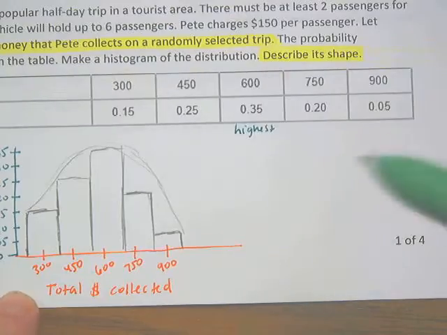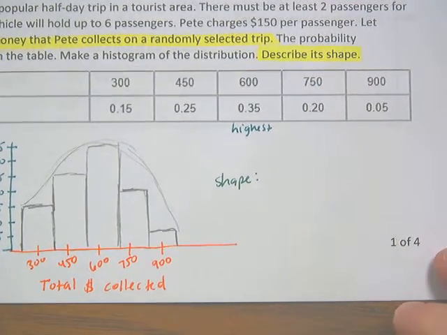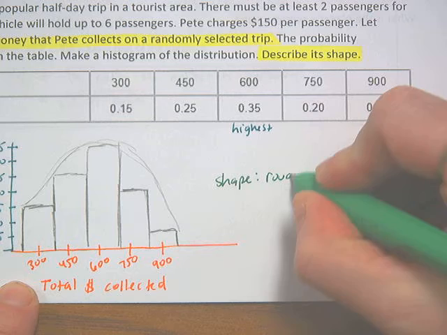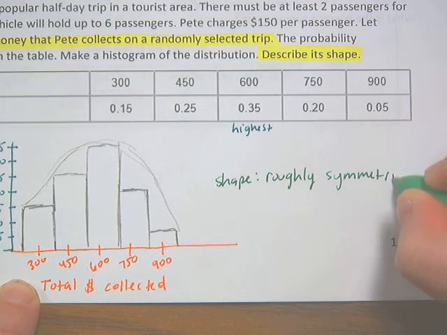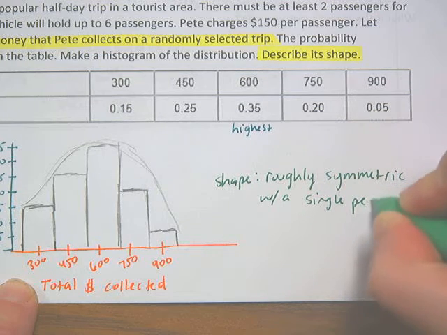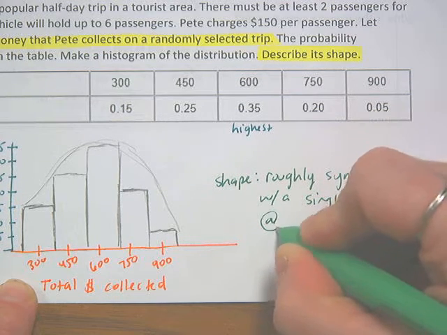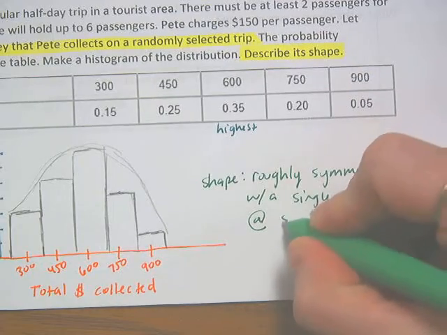Okay, so for shape, roughly symmetric, with a single peak. Where does it peak? How much money? Where is the tallest bar? 600, thank you. It peaks at $600.